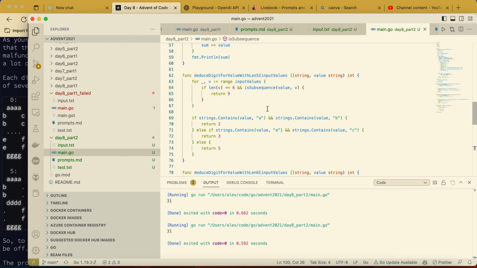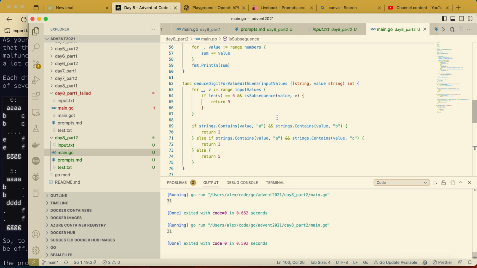In this case, to say, okay, we're 3, instead of checking this and so on, we need to see if it contains the 1.